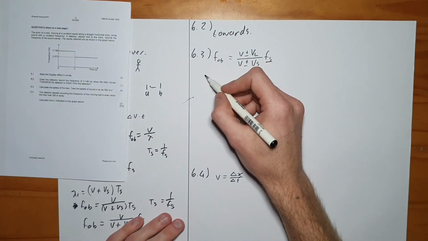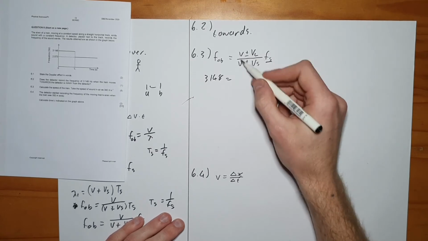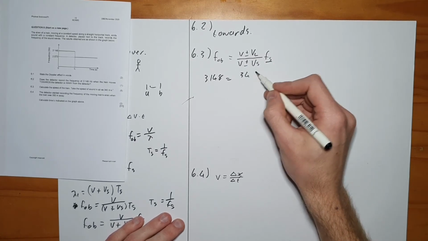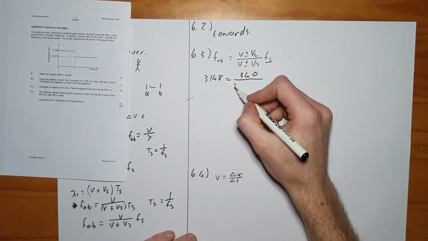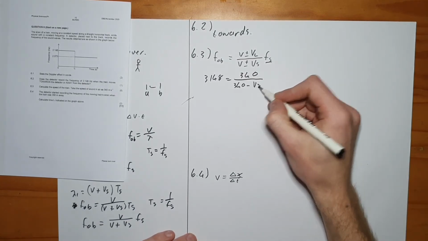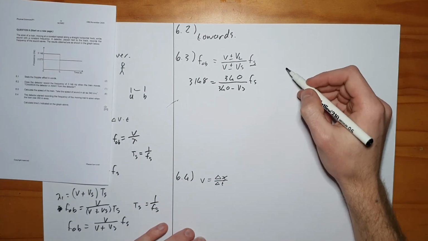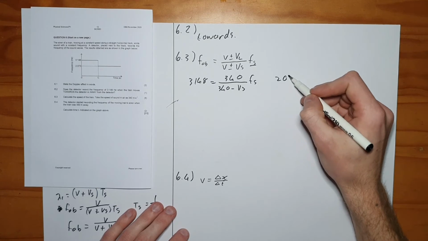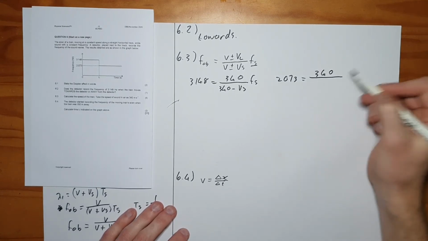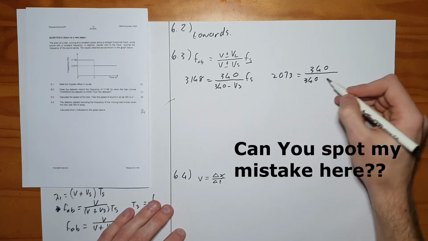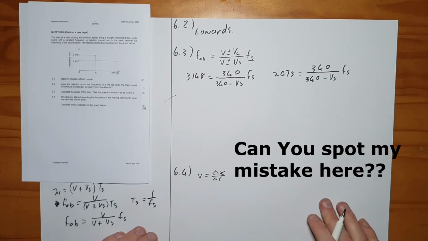So the first one is going to be 3148 is equal to the velocity in air, then it's moving towards, so it's going to be a minus vs, all over fs. And the second one that we can do is 2073 equals 340 all over 340 minus vs, and my fs is also unknown.